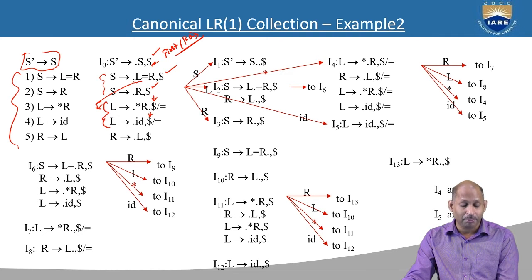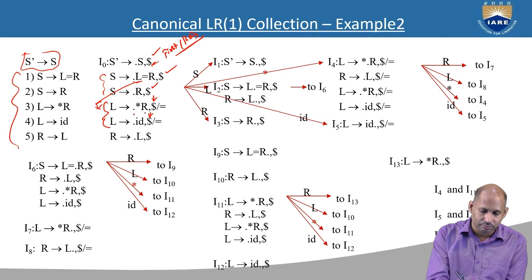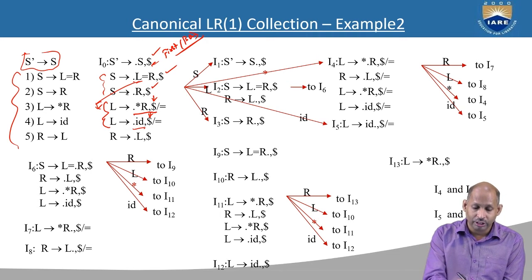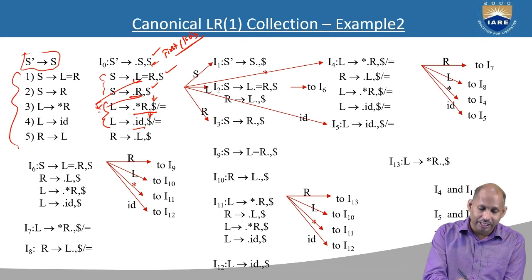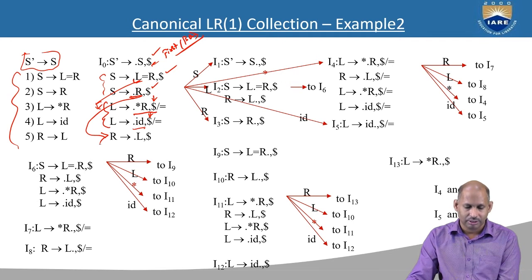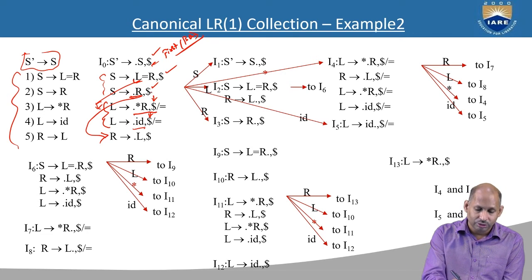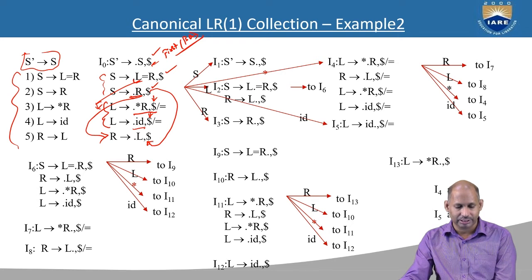Dot multiplication R comma dollar sign only has to be considered. Right? For this L. Next, here dot R. So add R production. Right? What is the first of beta A? Simply dollar sign. So we are including here a dollar sign.